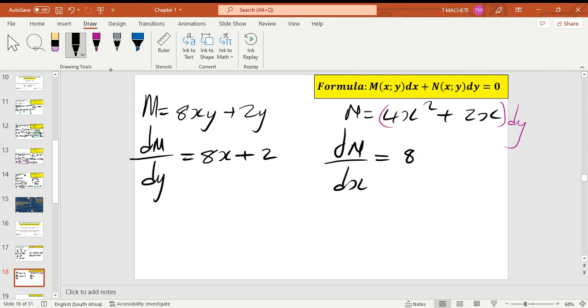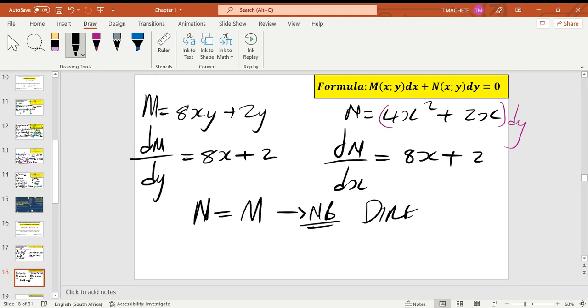So the differentiation of 4x squared, you're gonna get 8x. Then the differentiation of 2x, you're gonna get 2. So to conclude, you say n is equal to m. So since n is equal to m, then you can do direct integration.